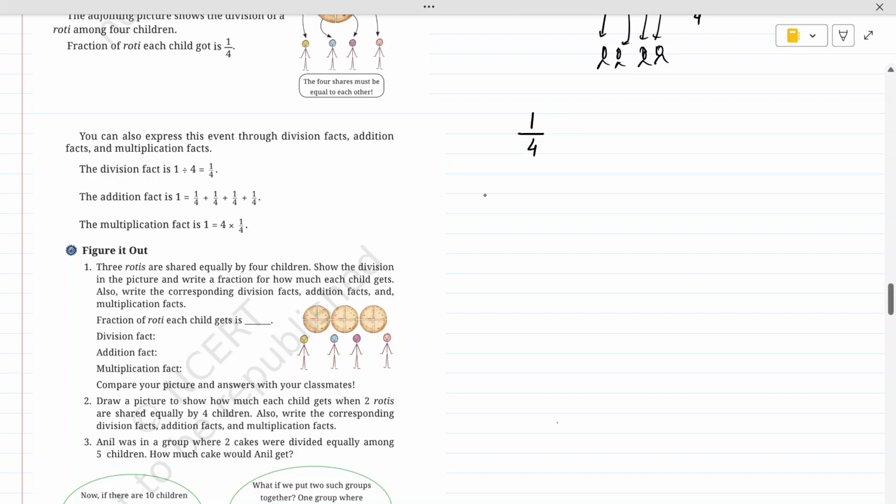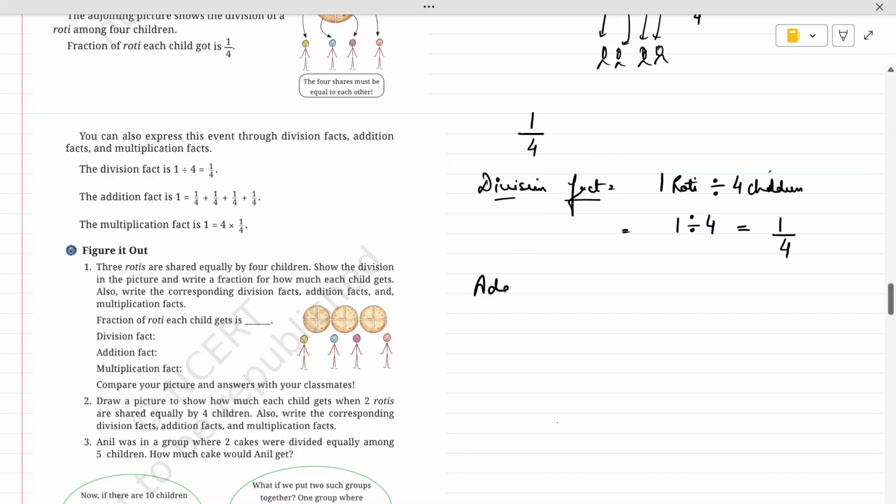For division, I am writing here the division fact: one roti is divided among 4 children equally. So we write this as 1 divided by 4, which is equivalent to 1 by 4. This is the division fact.